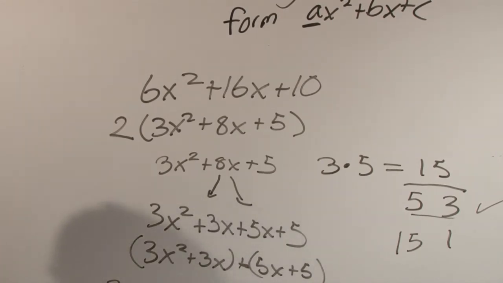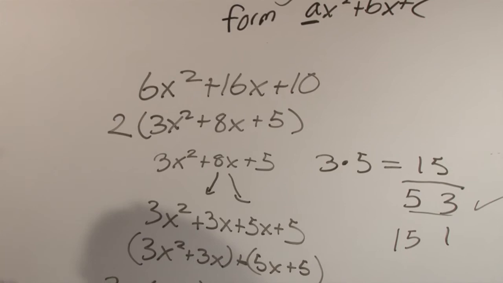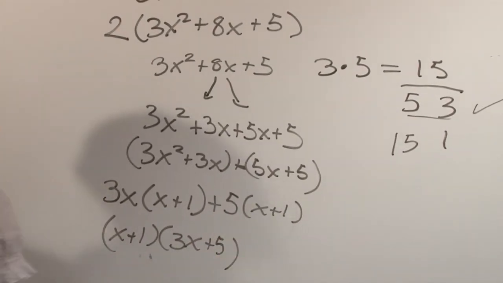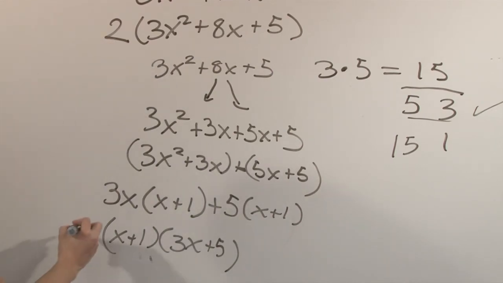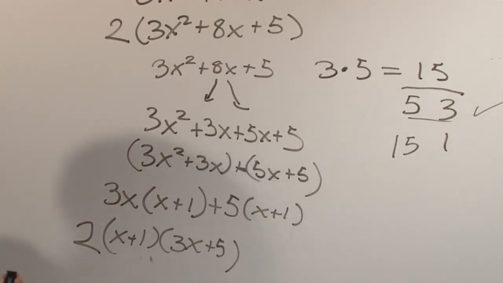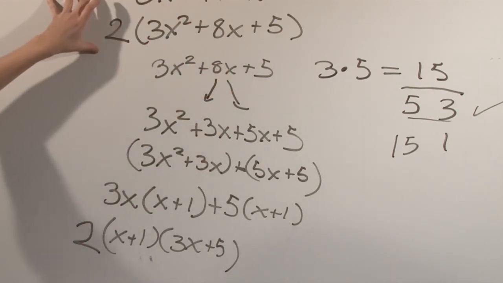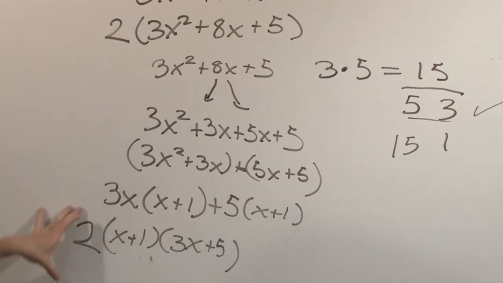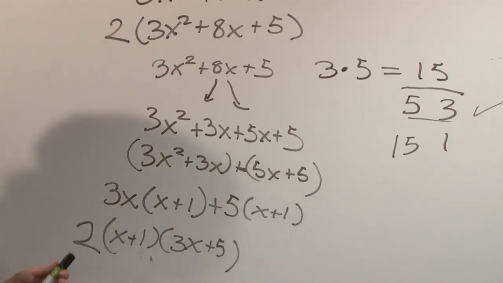So then I pull out the x plus 1 from both terms. But for the final answer, I have to take that 2 and add that back here. So that's how you would factor by grouping if you have a constant factor. Just want to make sure that you remember that if you pulled it out, you need to put it back in. And that concludes section 6.4.